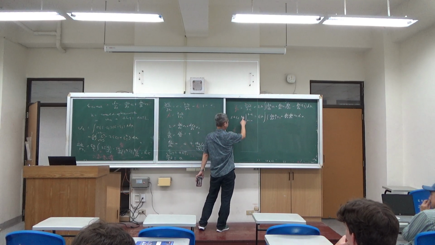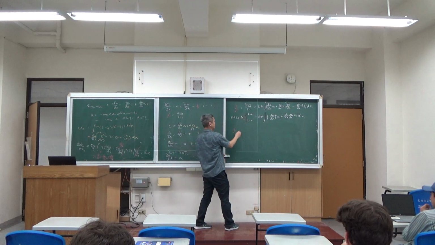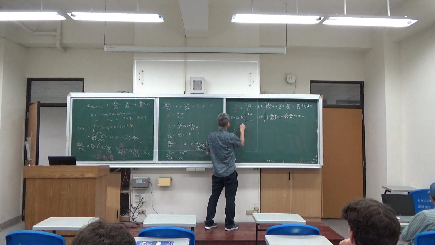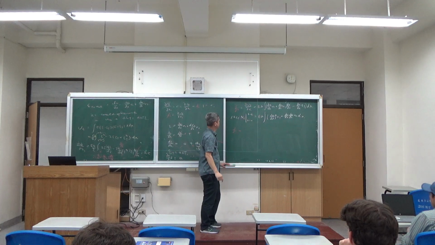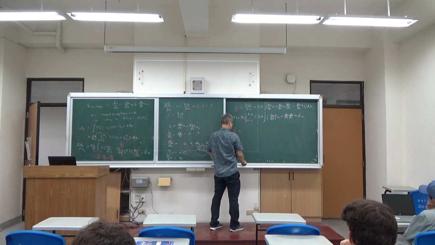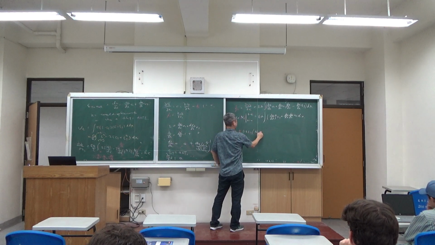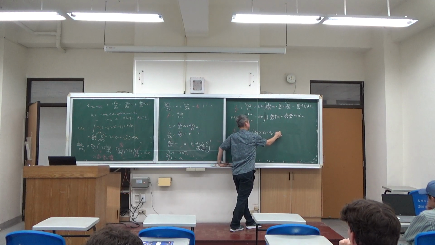F1 happen to have n1 is 1. Is it 1? This is plus EA alpha delta t at n1 at x equal to L minus n1 at x equal to 0.